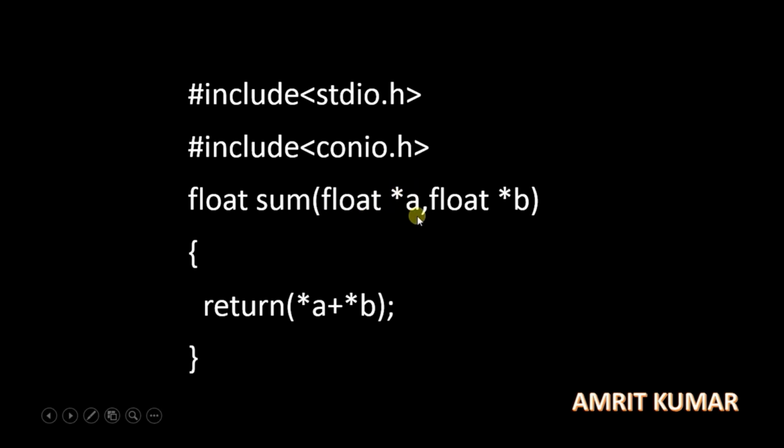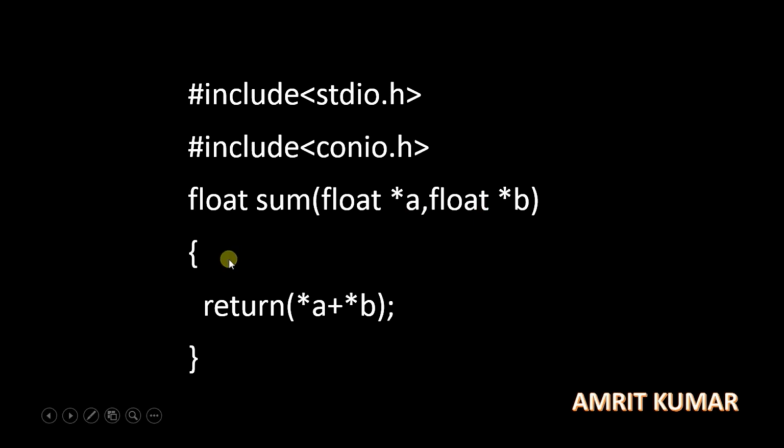Asterisk a is the variable which is holding the address of variable a, and this one is holding the address of variable b. We can say this is pointer a and pointer b, of float data type, meaning each pointer is going to store only a float data type value.